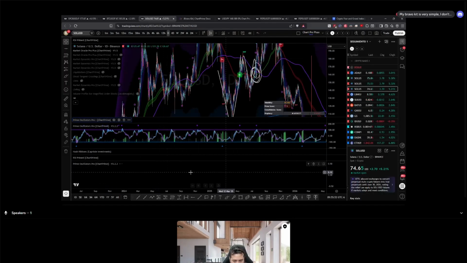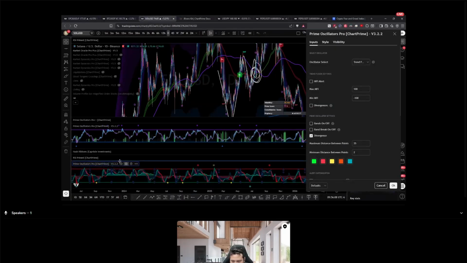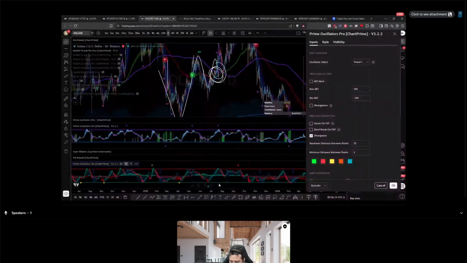Let's wait for it to load. Turn everything off but divergences and then drag it on top of the other one. If not, I believe that the Trend Fusion oscillator will also give you the divergences. Let me see if that has updated or not. Let's just wait for it. And no, we changed the divergence for new dots. So yeah, it will only work with prime oscillator.